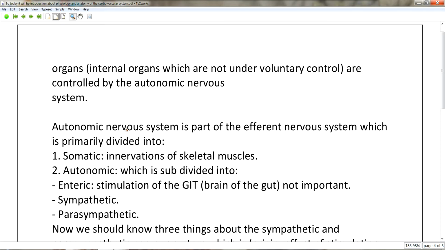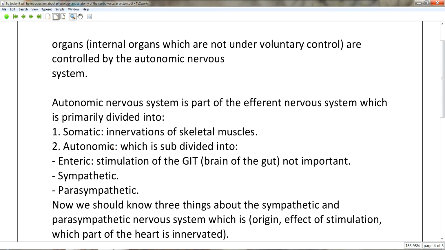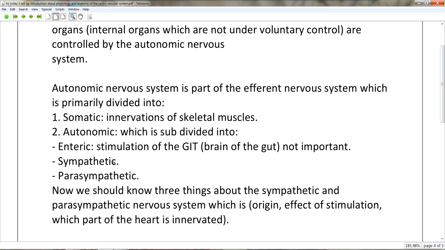The autonomic nervous system is part of the efferent nervous system, which is primarily divided into somatic and autonomic. The somatic is the innervation of the skeletal muscle, the voluntary movements. The autonomic is the involuntary movement, which is subdivided into enteric, which is the stimulation of the GIT, not important, the doctor didn't talk about it, and the most important two, the sympathetic and the parasympathetic.